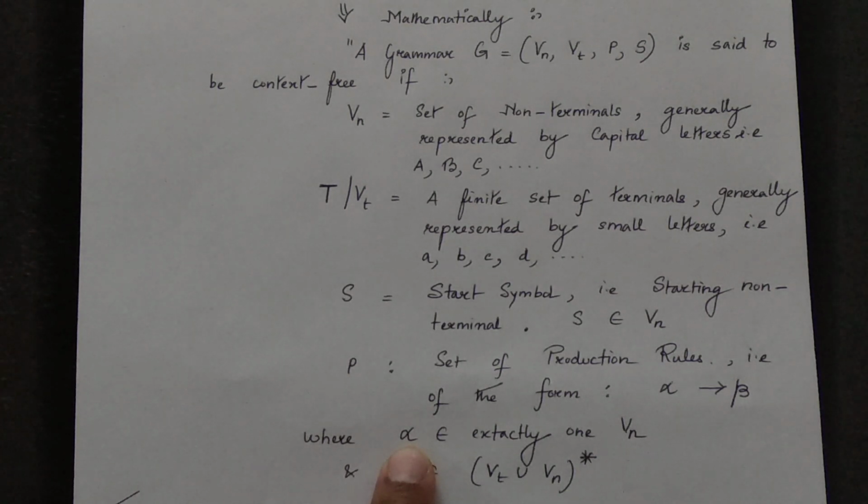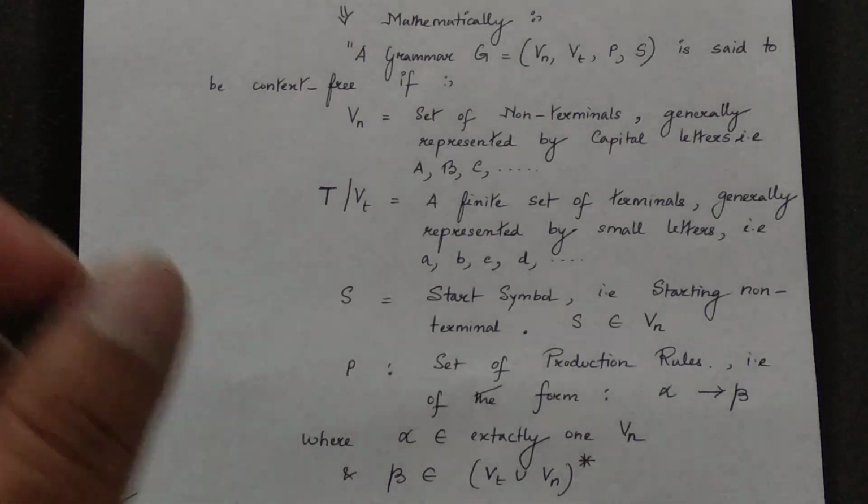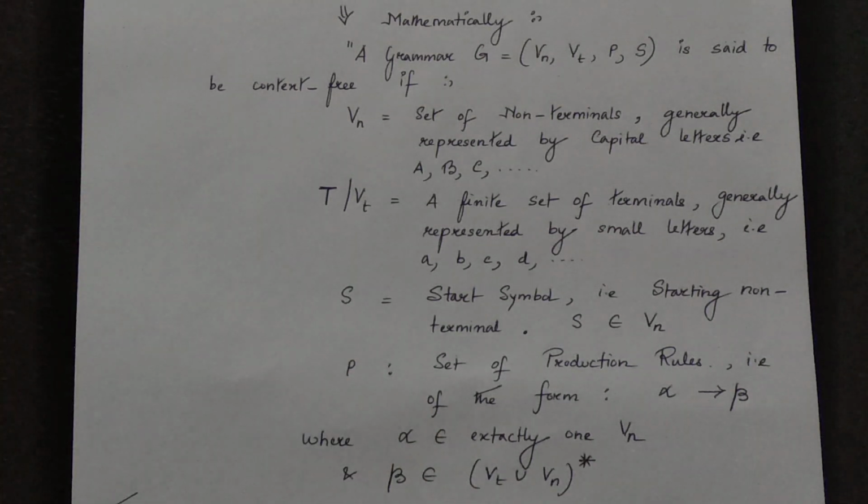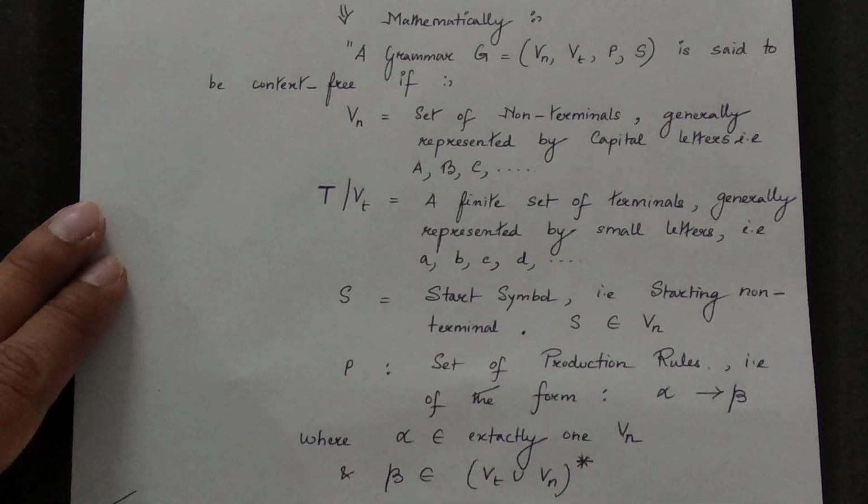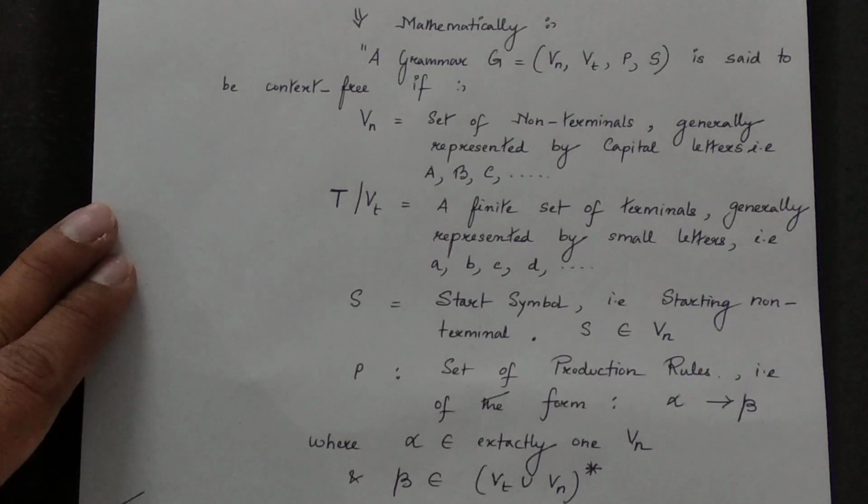That means we are not concentrating on at least one Vn; exactly one Vn there should be. So this is the small difference between regular grammar and context-free grammar. This is the definition of context-free grammar which you should know.